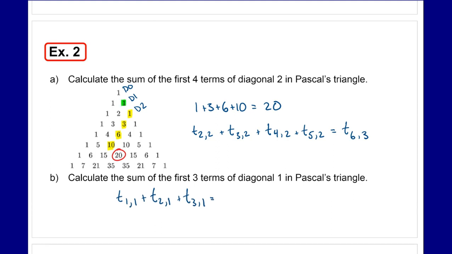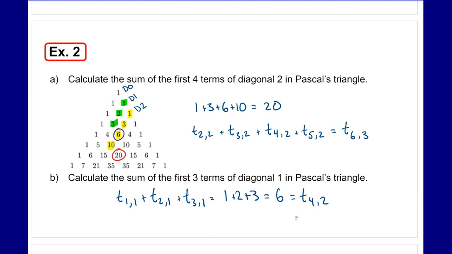Well, that's the same as saying 1 plus 2 plus 3, which would give us 6, which is the next row, so term 4, position 2, which it does.